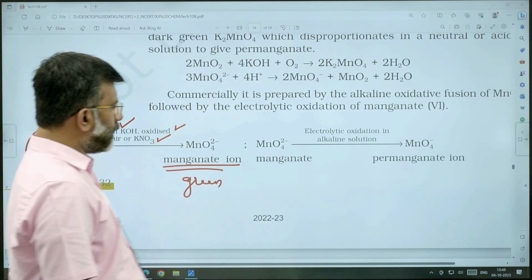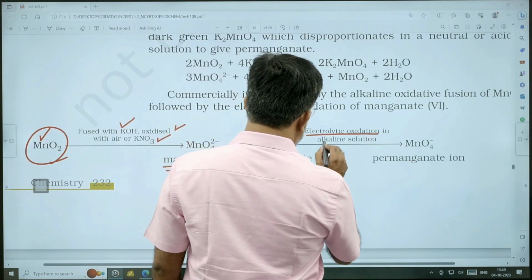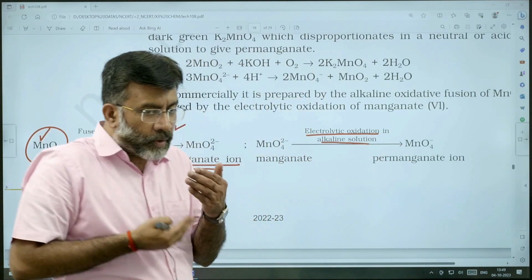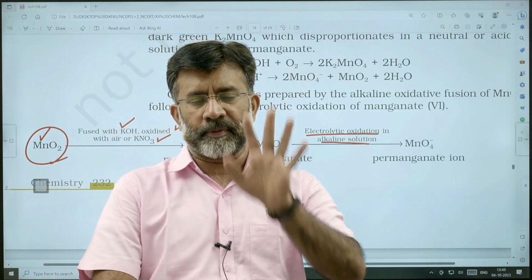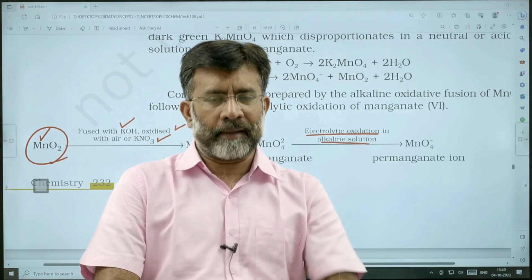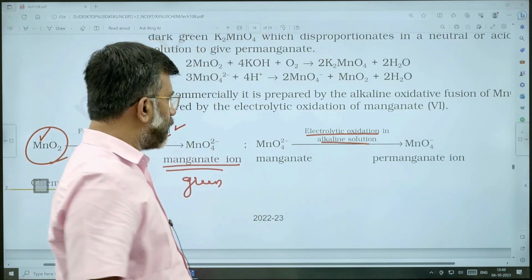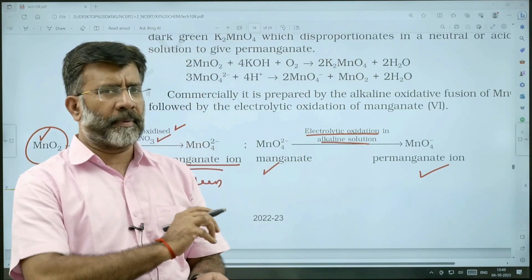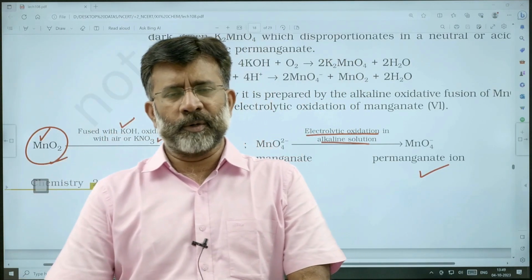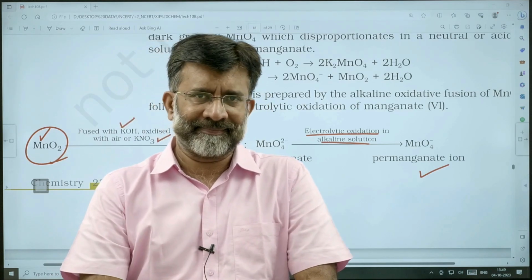And that manganate ion is converted to permanganate, either by electrolytic oxidation, or by treating with ozone or passing chlorine. There are different procedures where manganate is converted to permanganate, giving a purple colored solution. So the preparation of potassium permanganate is important, right?